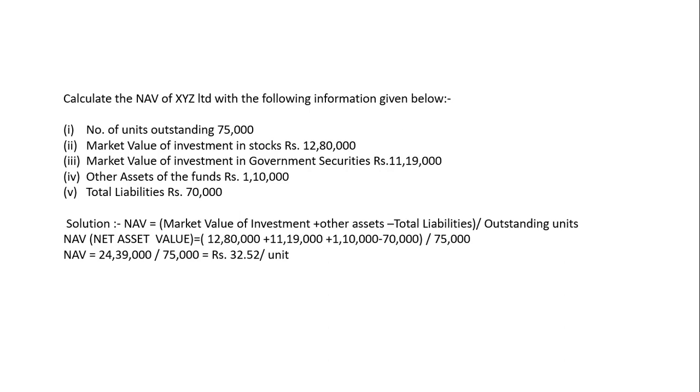So this is net asset of a mutual fund company divided by number of units, that is 75,000. You will get 32.52 per unit. Rupees 32.52 per unit.